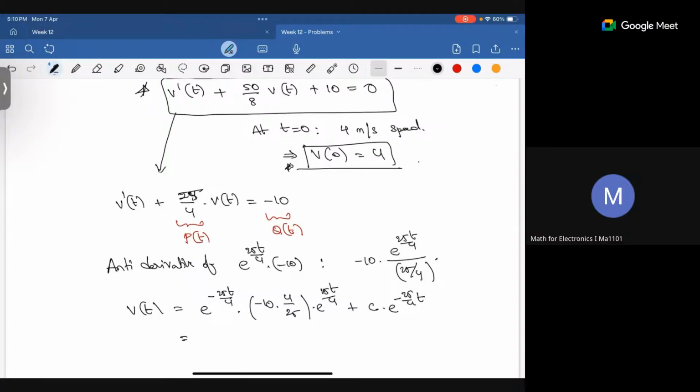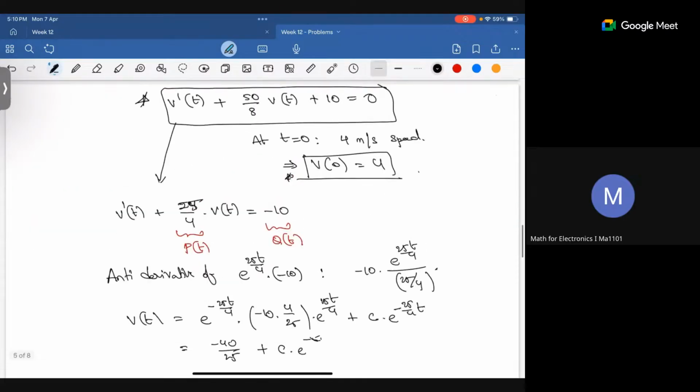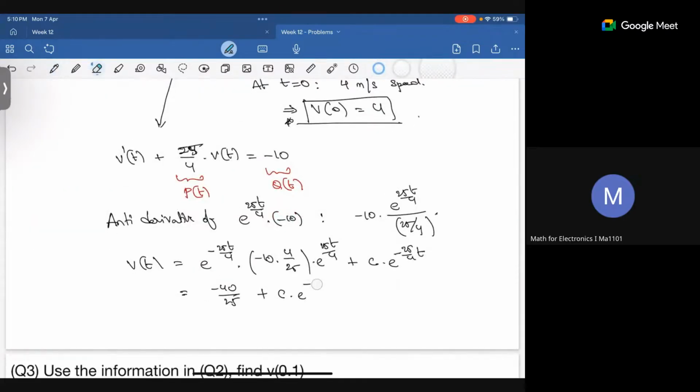If I simplify this, I'll have minus 40 by 25, which is minus 8 by 5, plus c into e power minus 25t by 4. Okay, so this is v(t).